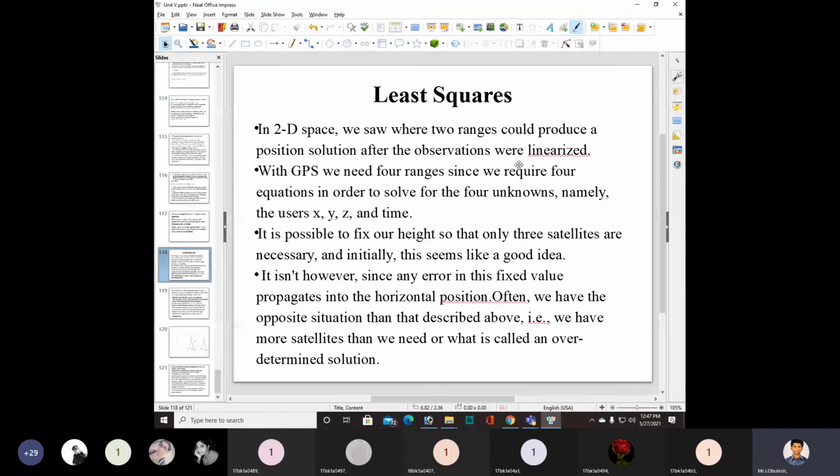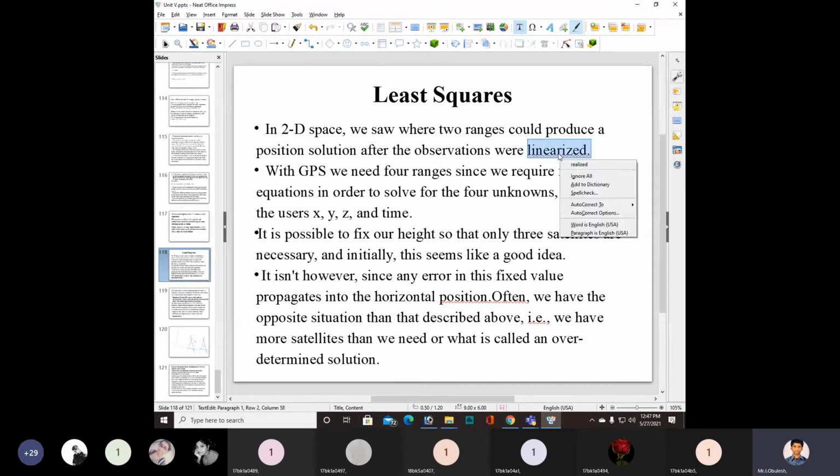In least squares in 2D space, we saw where two ranges could produce a position solution after the observations were linearized.